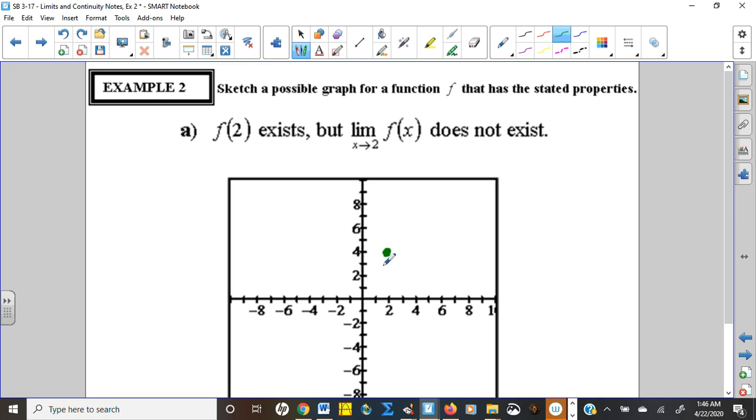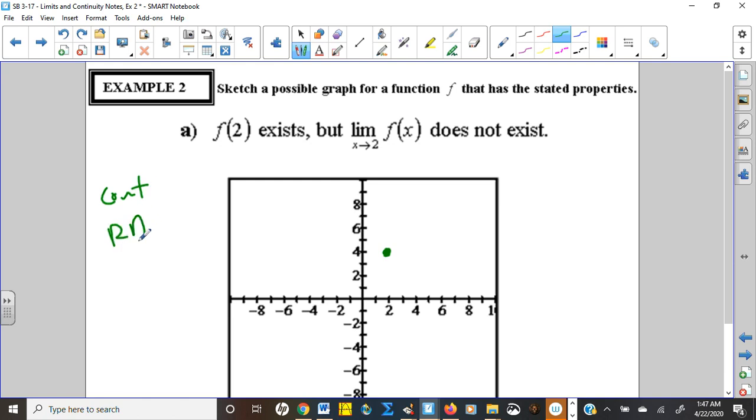If f was continuous at 2, would f of 2 exist? Yes, it would. If f had a removable discontinuity at 2, could f of 2 exist? Well, there's a hole in the graph, right? But it could be defined somewhere else, so yes. If it was a jump discontinuity, could f of 2 exist? Yes, because I could come up to this point and then move to another point, right?